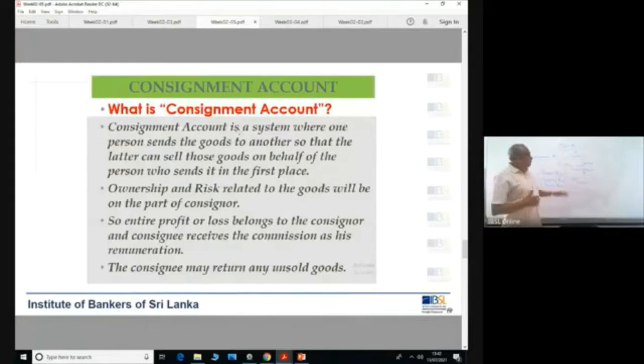Straight away you have to pay in open account. But in consignment basis, he will request the buyer to sell the goods and then send the proceeds. It can be part payments. So entire profit or loss belongs to the consignor, and consignee receives the commission as his remuneration.